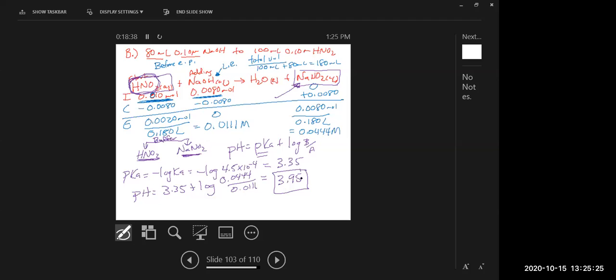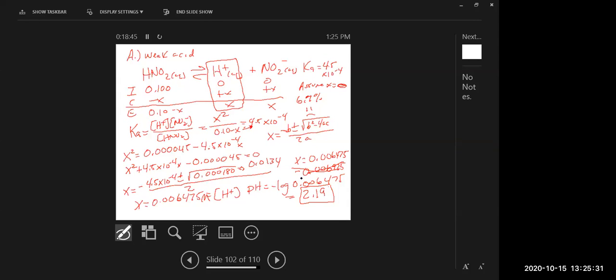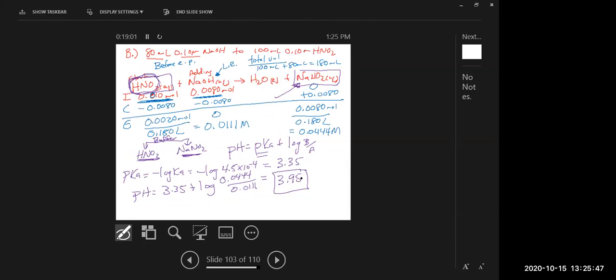Now, we could also think about, does this make sense? Well, we opened up our titration at a pH of 2.19. We just added some base to our acid. We would expect the pH to start to rise, right? Because we were adding base to our acid. And it did rise to 3.95.